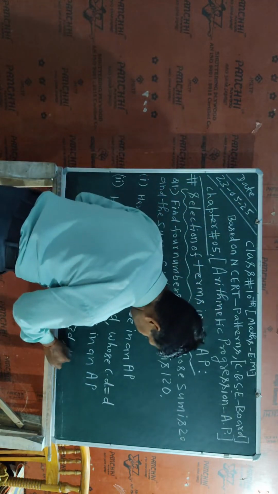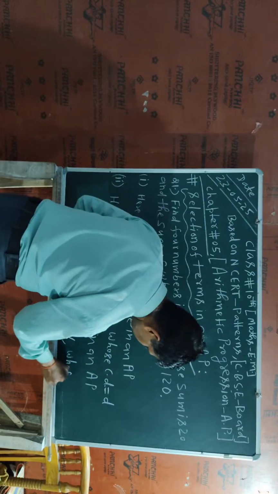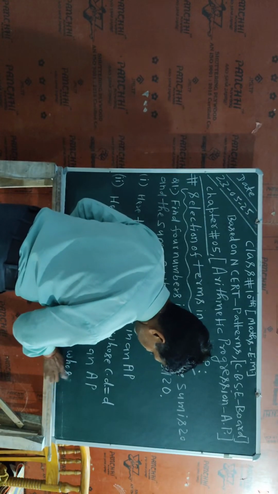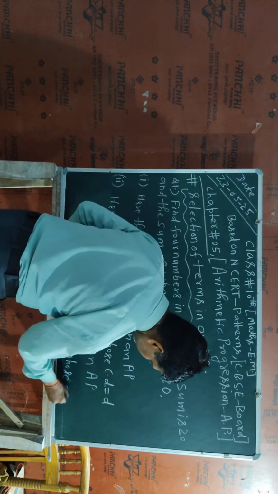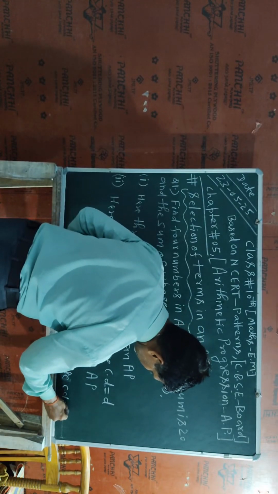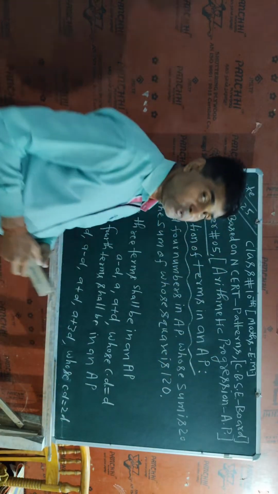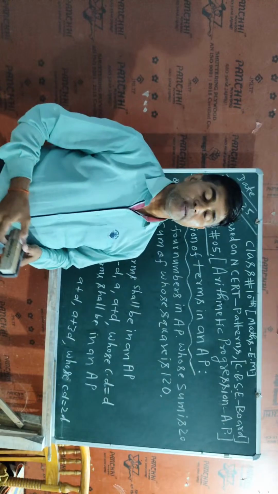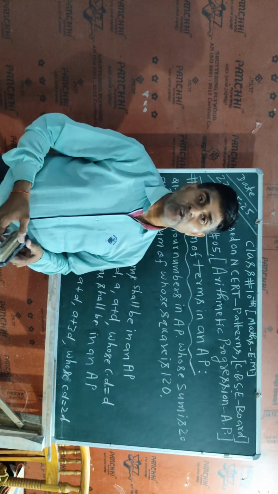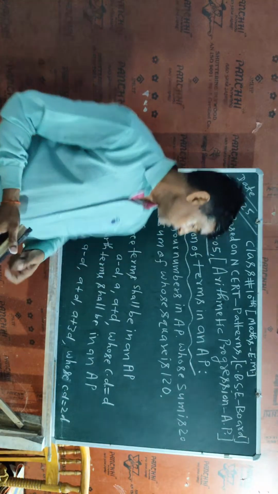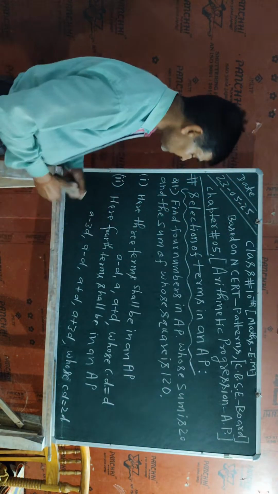So I will say right here the common difference is equal to 2d. The student has to remember it, because if any question is asked on this topic, the student can solve it easily. Each and every student has to remember these 2 points.